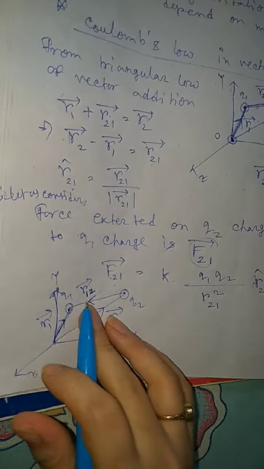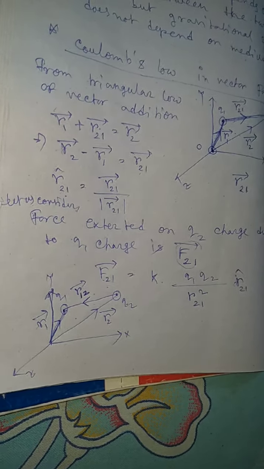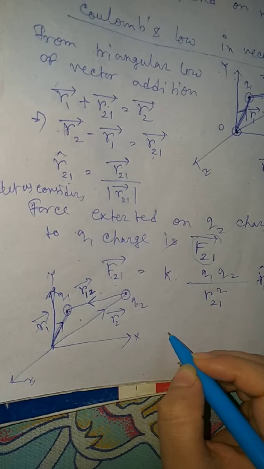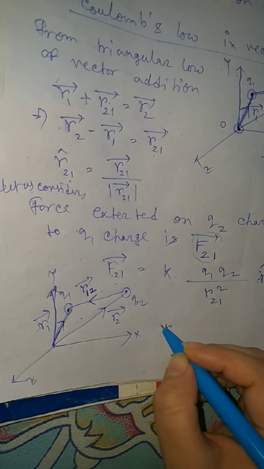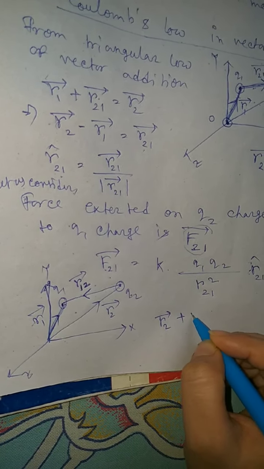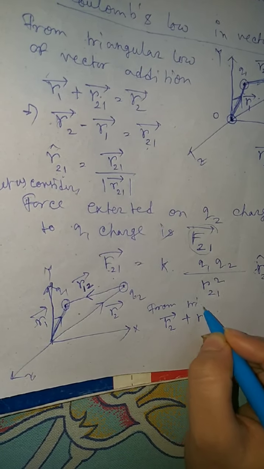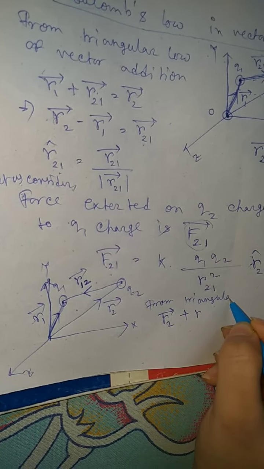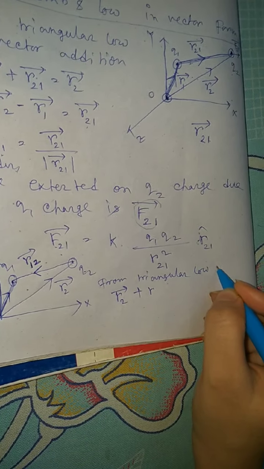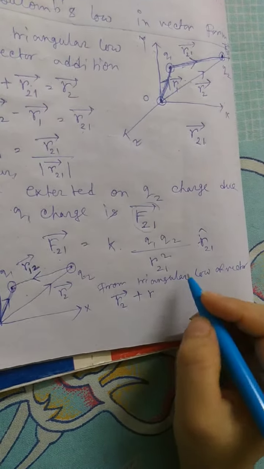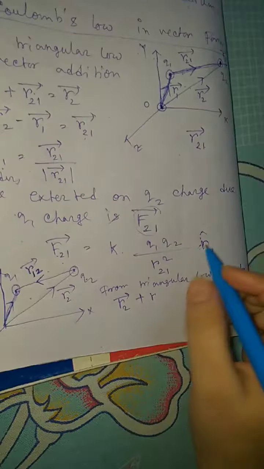So again, apply triangular law of vector addition. We can write R2 vector plus, from triangular law of vector addition.